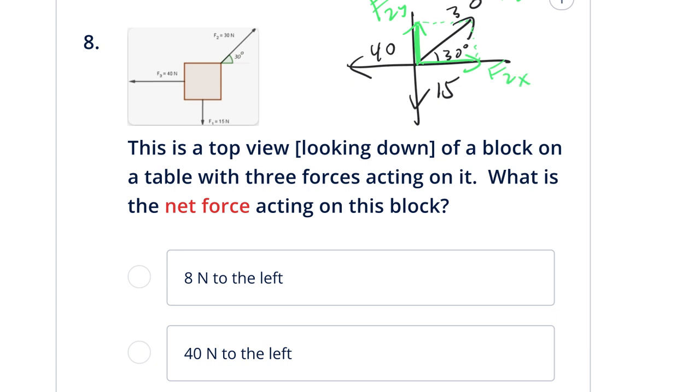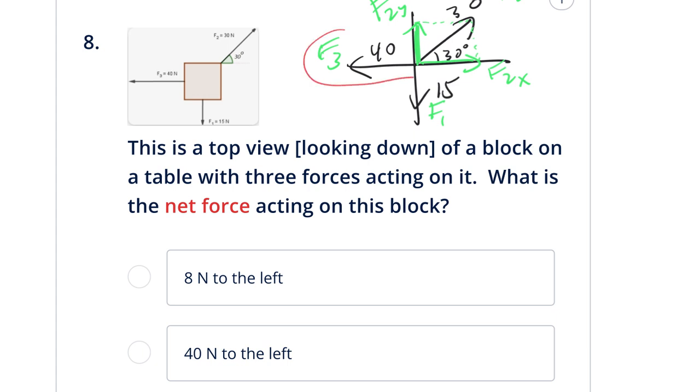So find those using trig, okay? And then this 15 is F1, and this 40 is F3. After you find those, you find the net force horizontally.